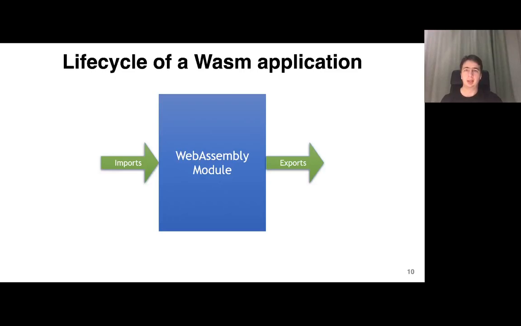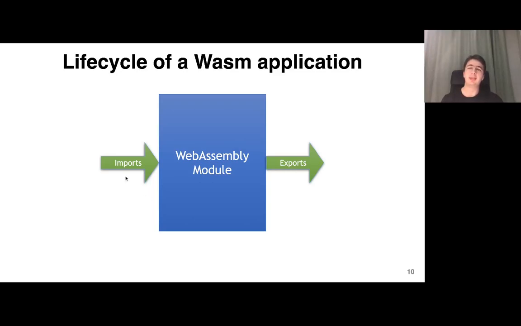And on this slide, you can see the life cycle of a WebAssembly application. The WebAssembly module here could be considered like a black box. Black box here means that it can't use any operating system services, for example syscalls, except with imports.